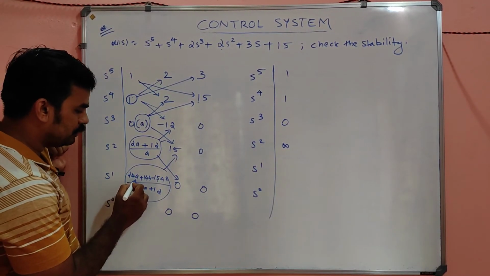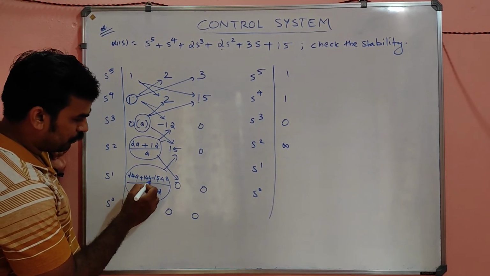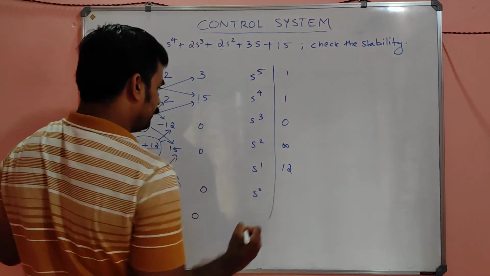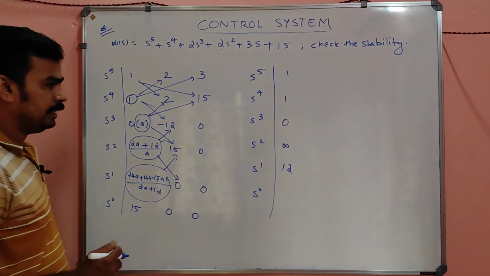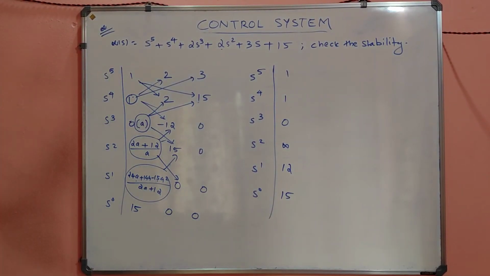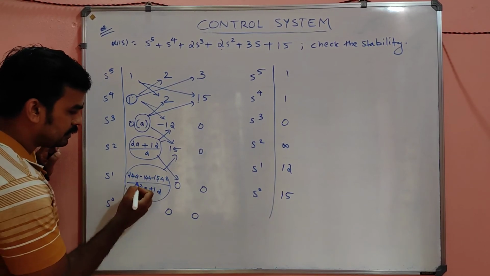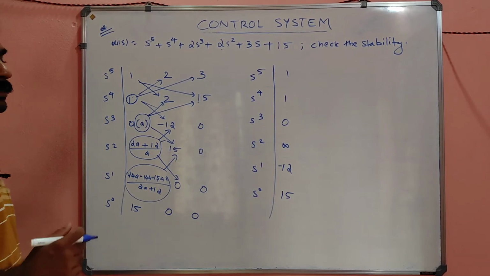Next, you substitute a is equal to 0 here: 24 into 0 minus 144 divided by 12. 144 by 12 is equal to what, my dear? 12. Again 15. It's all minus, so minus 12, and 15.